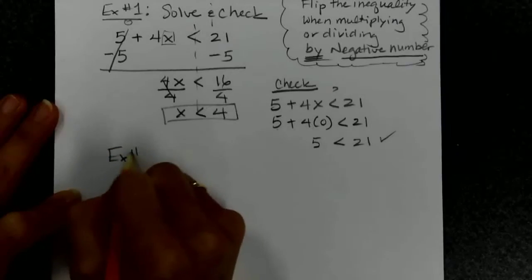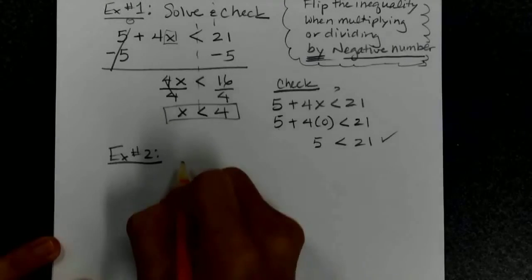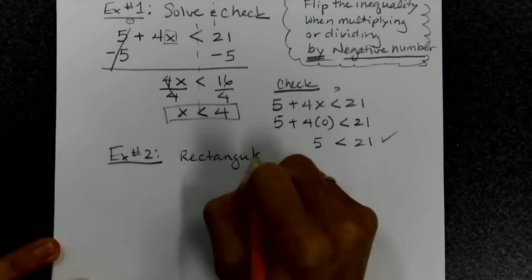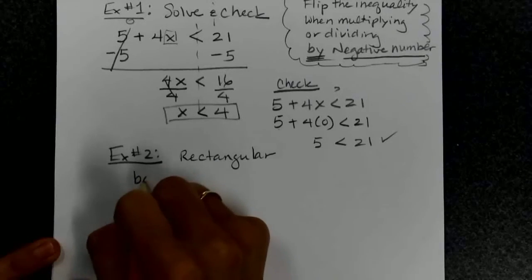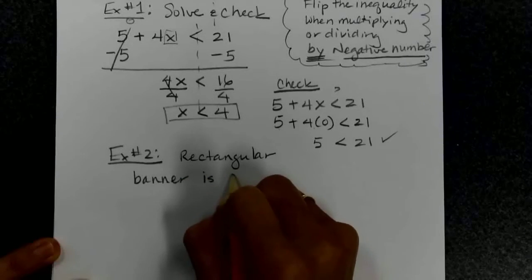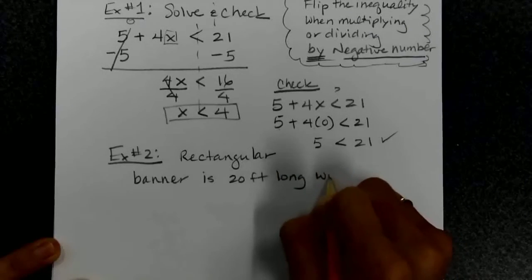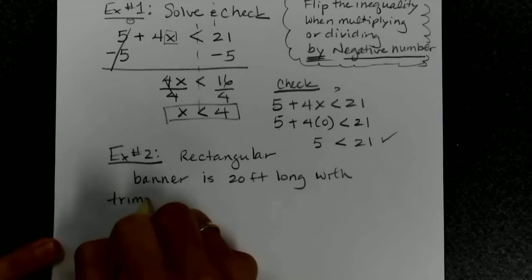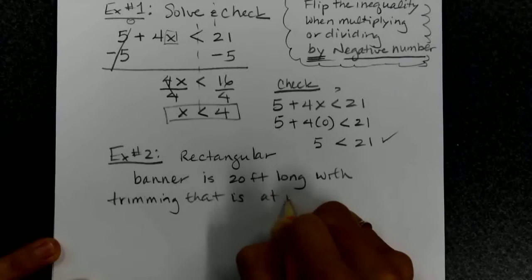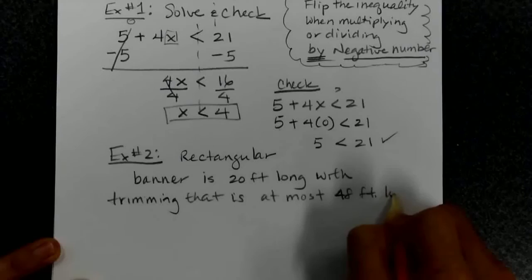In example number 2, we will be solving a word problem. So the word problem says that I have a rectangular banner which is 20 feet long with trimming that is at most 48 feet long.